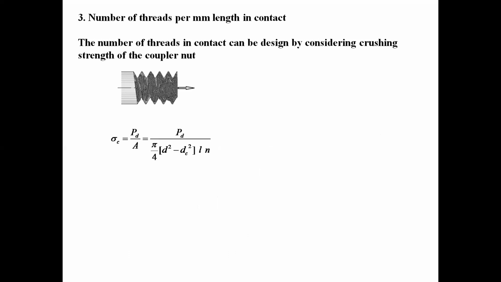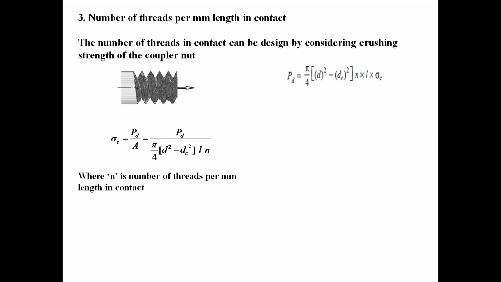crushing stress is equal to pi by 4 (d square minus dc square), because pi by 4 dc square is the complete area. We subtract the dc square area, so the remaining portion is the crush area, multiplied by n, which is the number of threads per mm length, multiplied by the number of threads in contact. So how many threads per unit length should be in contact.